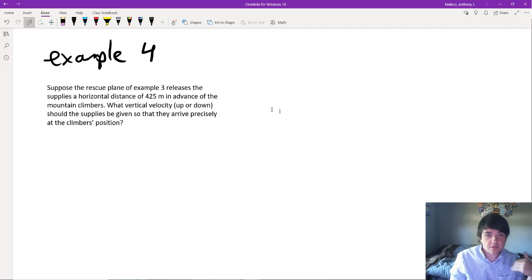And we want to know what vertical velocity, up or down, should the supplies be given so that they arrive precisely at the climber's position.